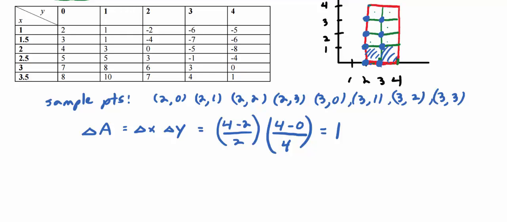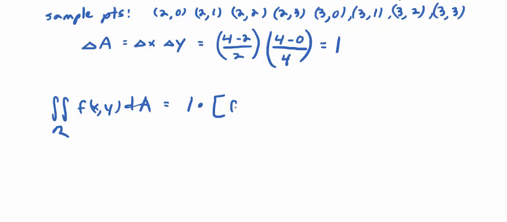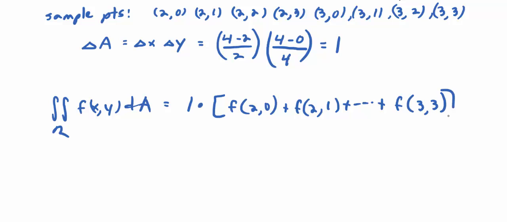So when you want to find the Riemann sum, which is your estimate of your integral, you're just going to take delta A, which is 1, times the value you get when you add the function values of all your sample points. So it'd be f of 2, 0, f of 2, 1, add it, and then all the way through to the last sample point plugged into the function to get the height value.